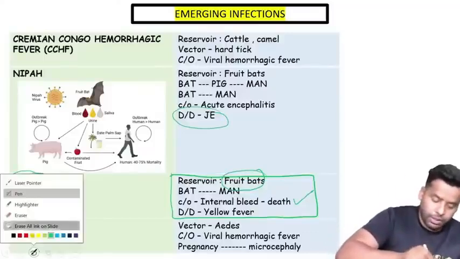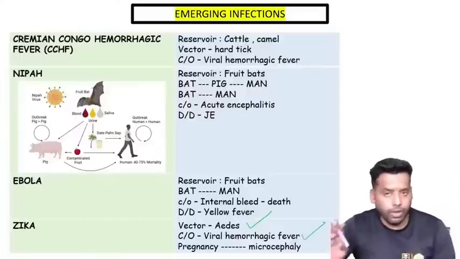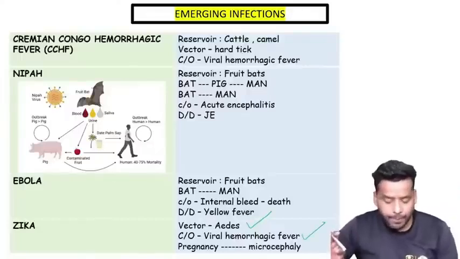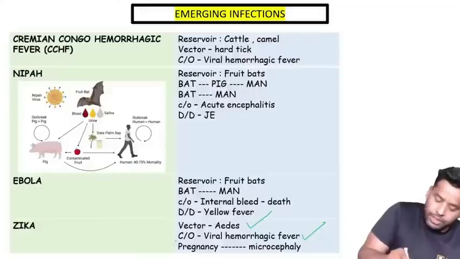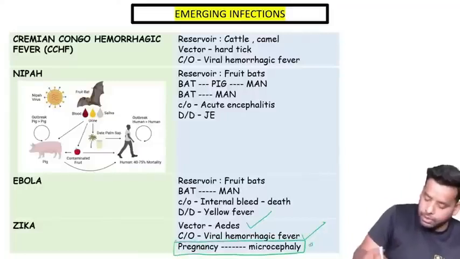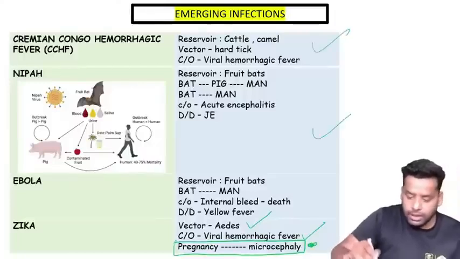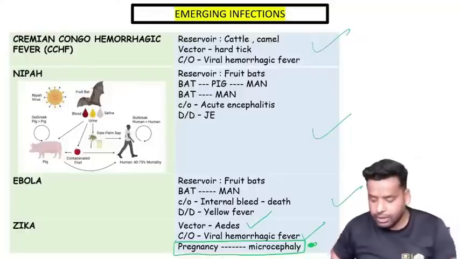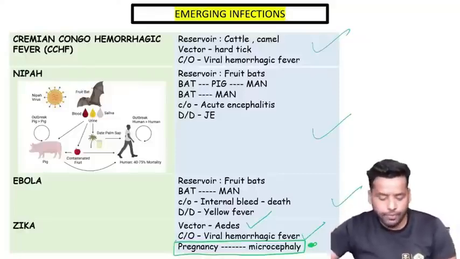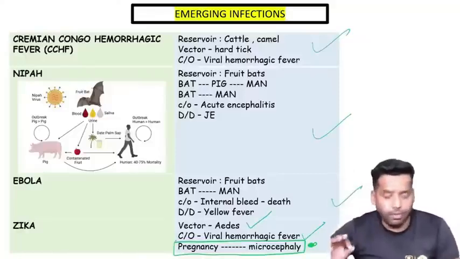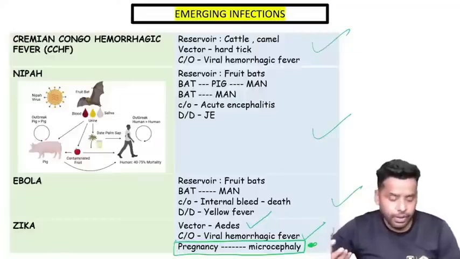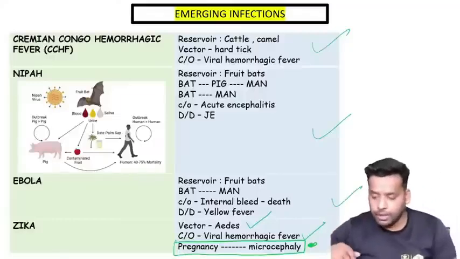How will Zika present with viral hemorrhagic fever? The problem with Zika is infection in pregnancy can lead to microcephaly. Which of the following can lead to congenital manifestations? Out of the 4 options, which can involve placental macrophages, and through that infect a pregnant woman, leading to microcephaly in newborns?